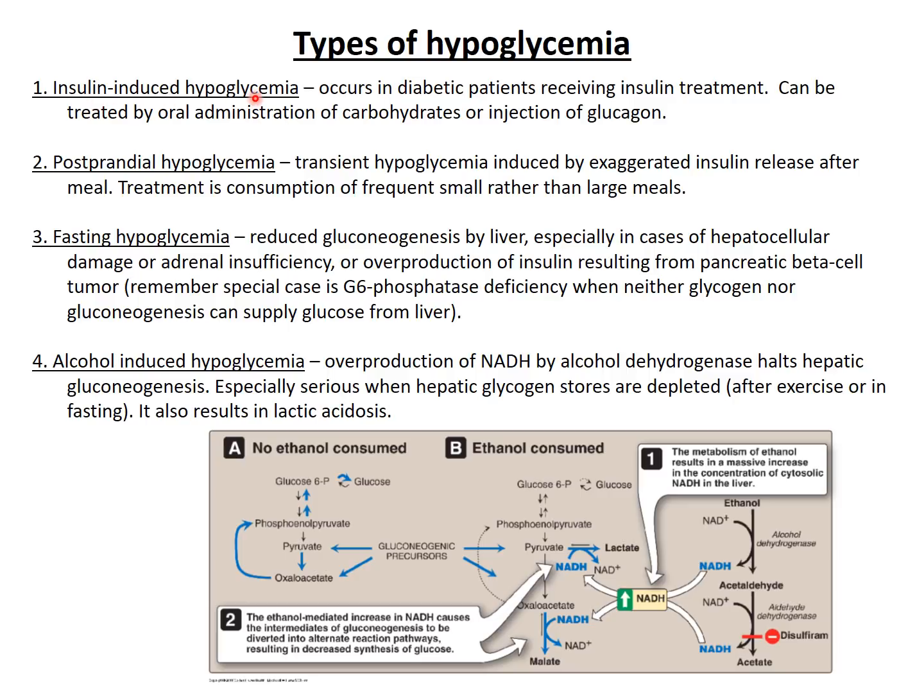One, insulin induced. It occurs in diabetic patients if they don't titrate insulin well to what they have eaten. If they inject more insulin than necessary, then insulin will clear glucose from the circulation. So diabetic patients in this case can go into hypoglycemia.